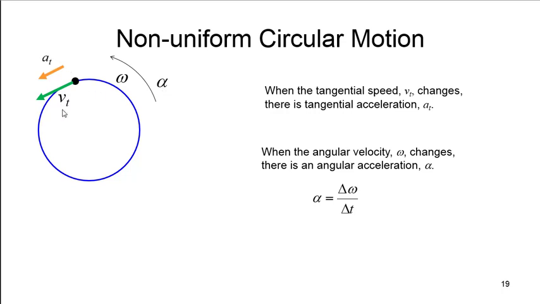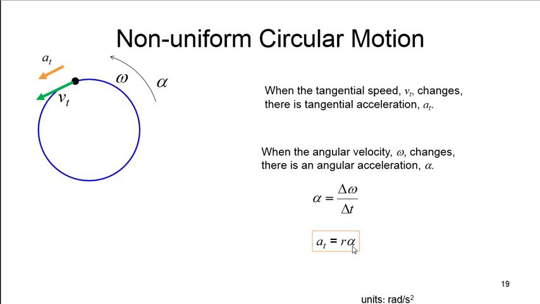This acceleration measures how fast this value changes. This acceleration measures how fast this value changes. These two things are related. The tangential acceleration and the angular acceleration are related, just like tangential velocity and angular velocity are related. Here's the equation that relates tangential acceleration to angular acceleration.